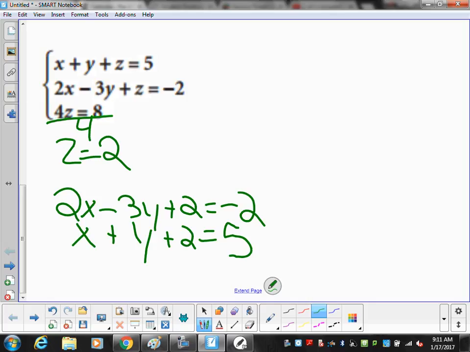So now we're dealing with 2 equations. All we're going to worry about at this point is trying to solve for one of the variables in one of the equations. It doesn't matter which one. It looks like your second equation is going to be the easiest, and it doesn't matter which variable you solve for. Just get the other one by itself.